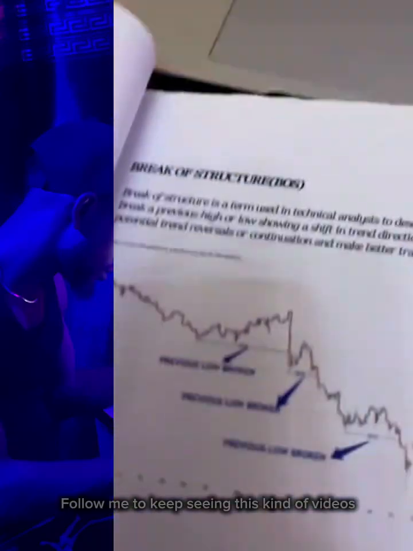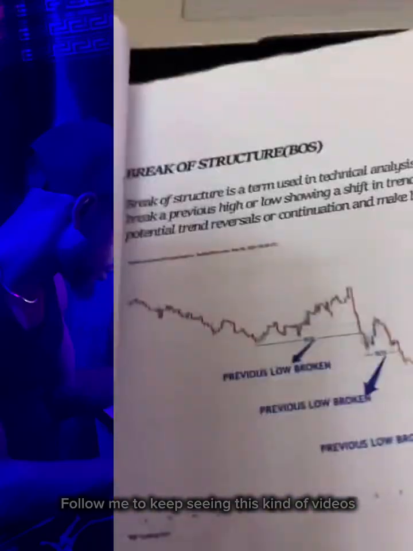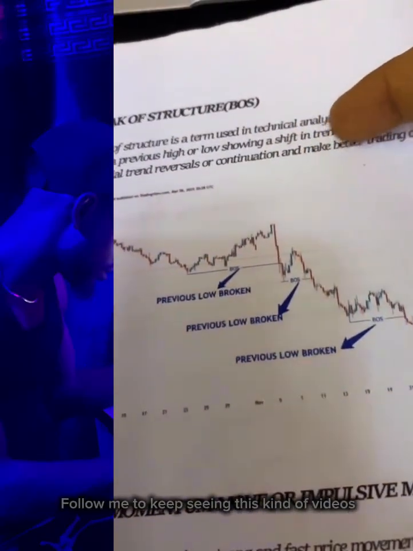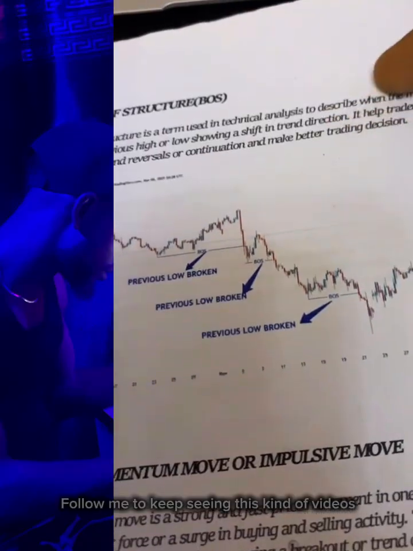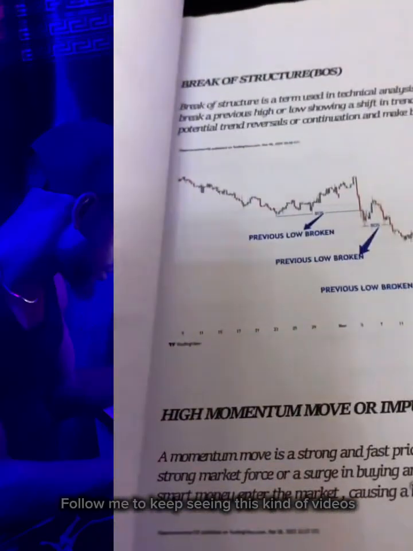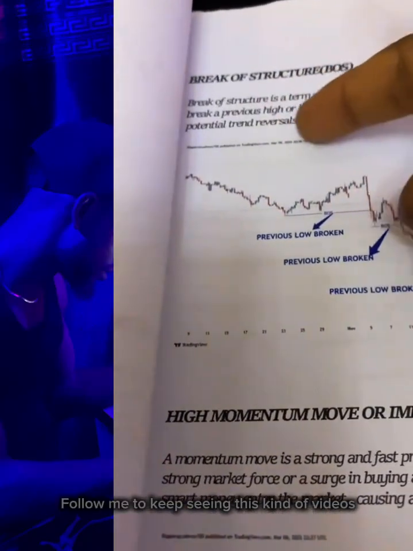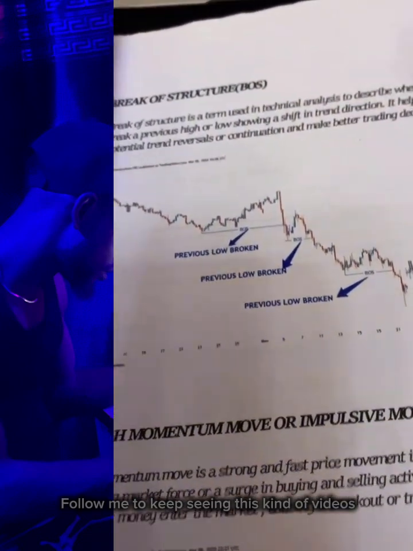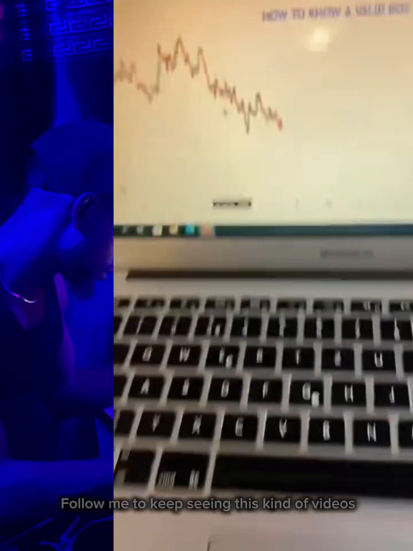According to what I have here in my book, a break of structure is a term used in technical analysis to describe when the market breaks a previous high or low, showing a shift in trend direction. Let me read that again.